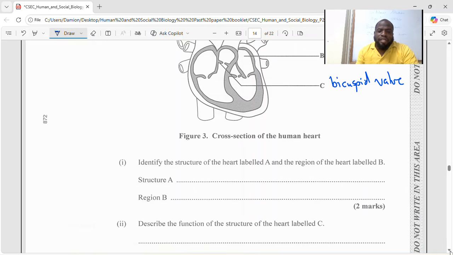So identify the structure of the heart labeled A and the region of the heart labeled B. So we say A would have been the aorta, and then B would have been the left atrium.